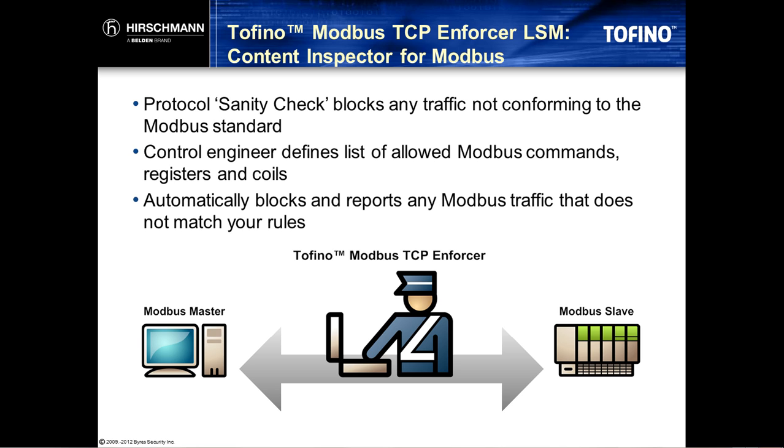Now, similar to the Tofino firewall, the Modbus enforcer on Tofino behaves like a whitelist. In other words, the control engineer specifies which function codes and which coil and register addresses are accessible to a Modbus master, and any access outside of that allowed range is blocked by the Tofino Modbus enforcer, and also causes the enforcer to generate an alarm message when that command is blocked.